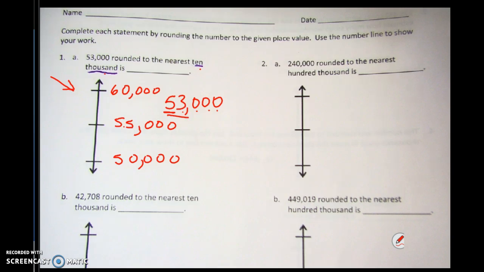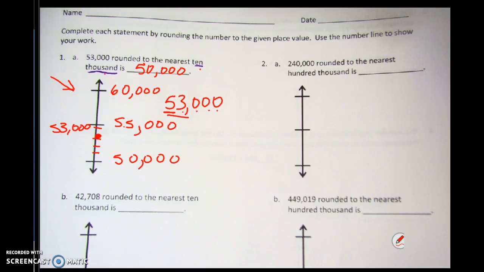So if you marked it correctly, you should have that 51, 52, 53, that's 54, then the 55. So I know that this is 53,000. So it's closest to 50 or 60? 50. 50,000 is my answer. Get it? Got it. Okay, I'm going to go ahead and pause.